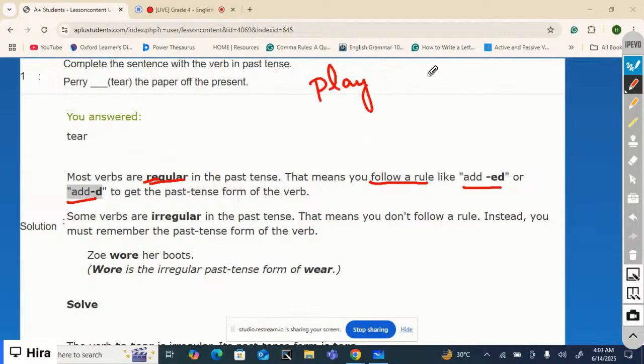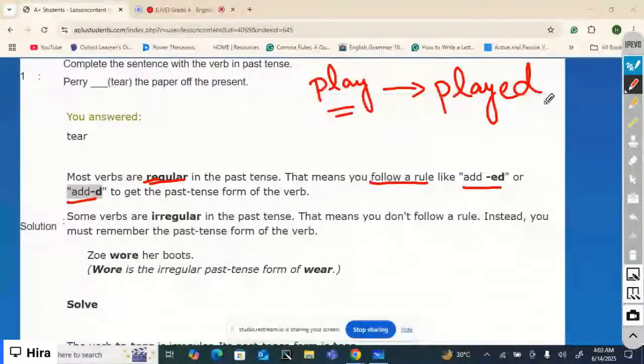Play. I know you like playing. Every kid likes playing. So if you want to use it in past tense, like if I want to say, I played soccer last evening. What did I do? I used the past tense of this verb, and that is played.